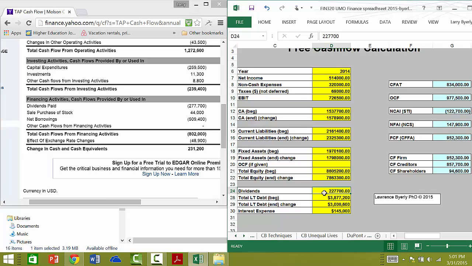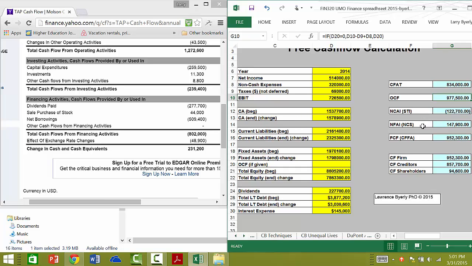The operating cash flow number, this company has created or generated $977,500 from running the company. Again, $1 million, not thousands. After they paid all the bills of running the company, they also have to make some short-term investments in accounts receivable, working capital.